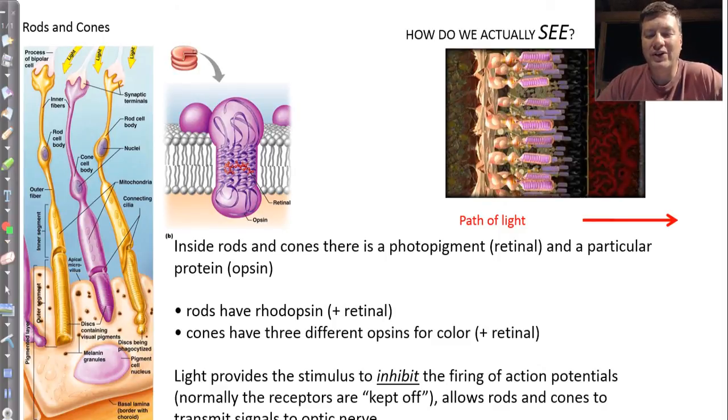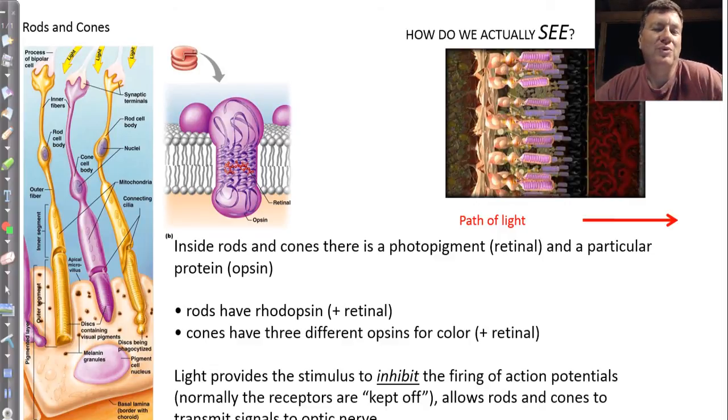Again, this is a little bizarre. Light provides a stimulus to inhibit the firing of action potentials, because normally when we are exposed to darkness is when our action potentials are firing, basically saying don't do anything, don't do anything, don't do anything. Light shuts off those signals, so then we do have signals that are coming through.